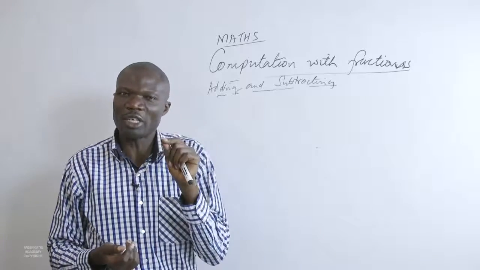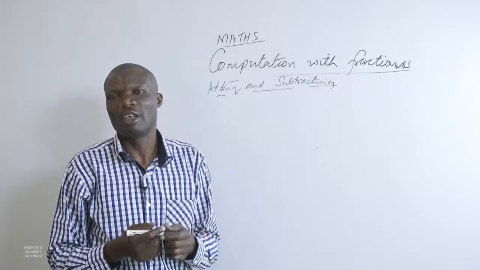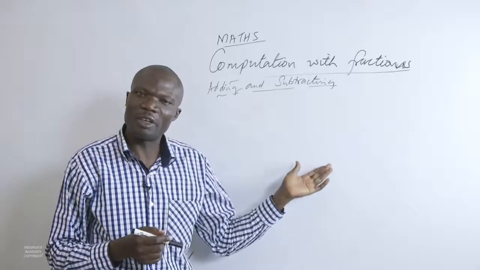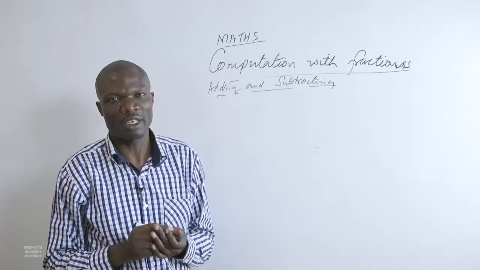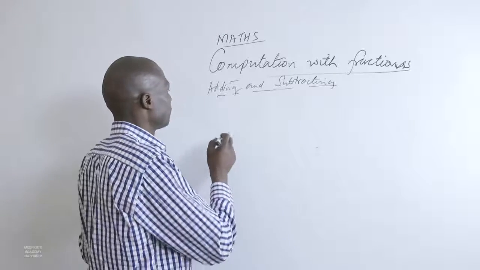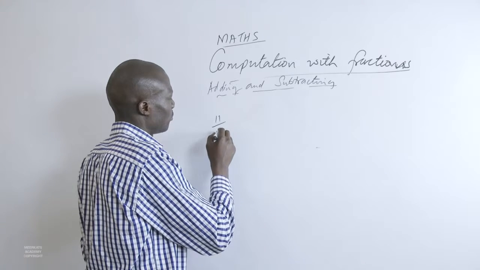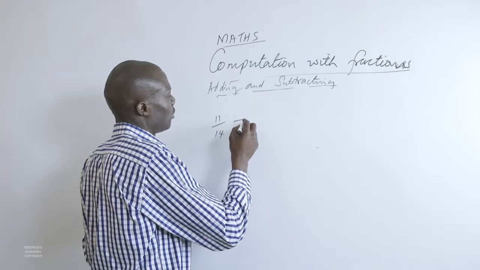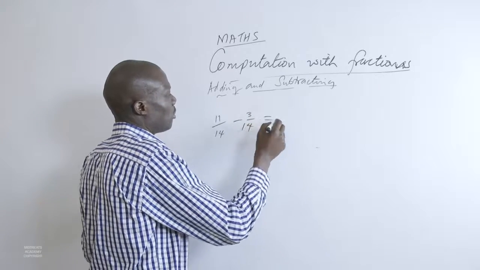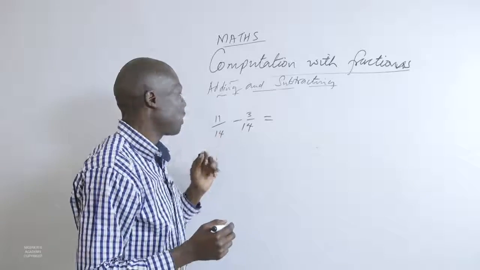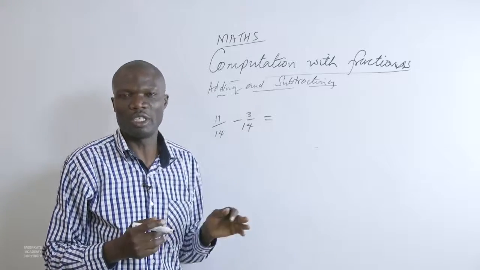Two, when subtracting fractions with the same denominators, we maintain the denominator and do the operation by subtracting the numerators. We have 11 over 14 minus 3 over 14.